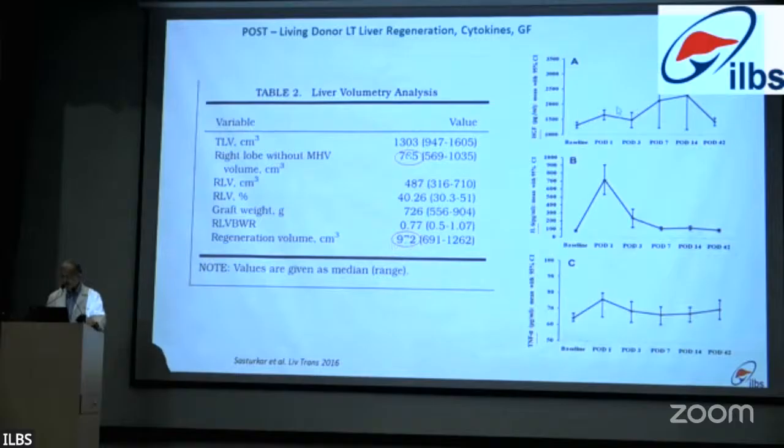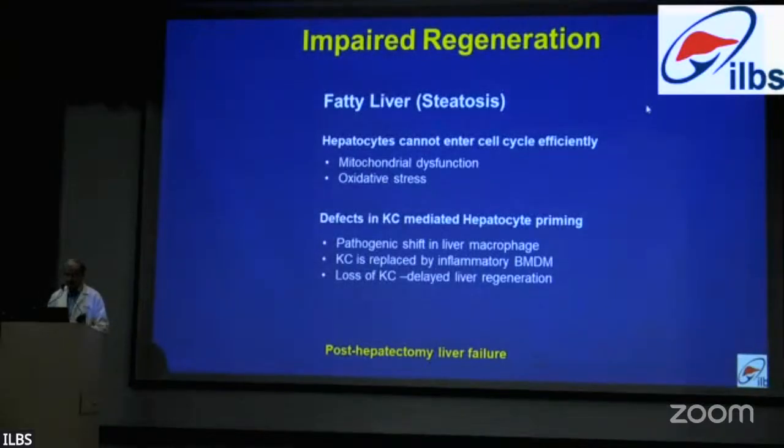For me, what was interesting is on postoperative day 3 to 7, you have HGF coming. IL-6 came first and TNF-alpha came first. Maybe in the liver itself, HGF will come within a few minutes to an hour, but in blood, it does not because it is used there.